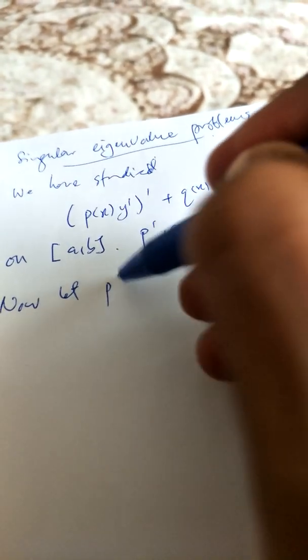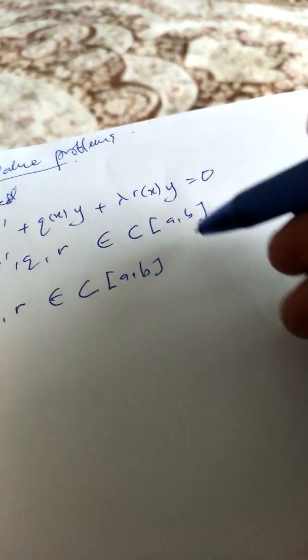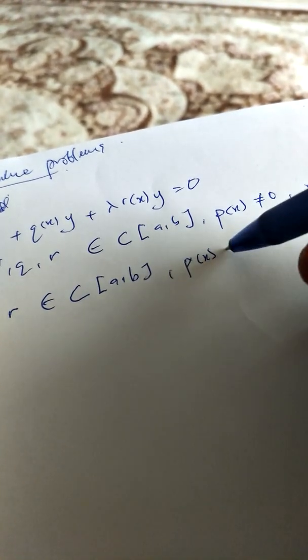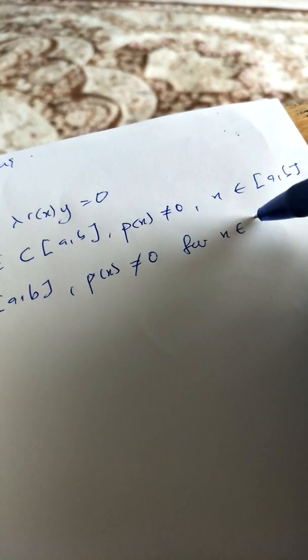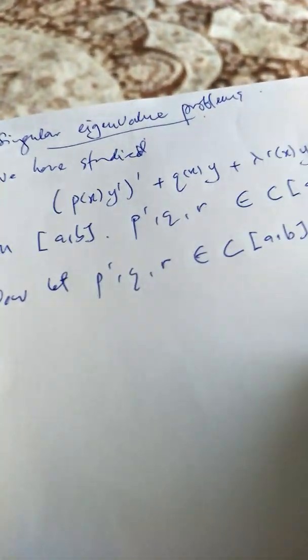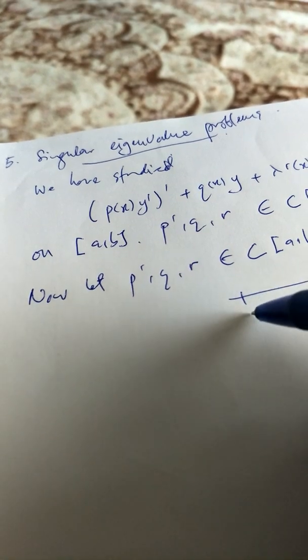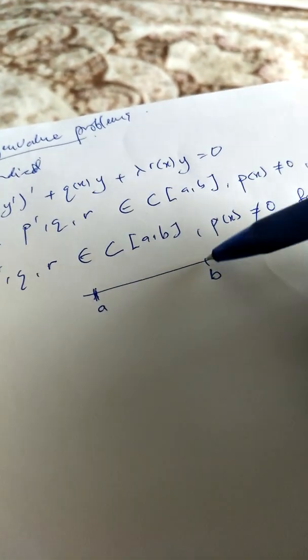Now, if you let P prime, Q and R be continuous on AB, and P(x) different than 0 for x in AB, but at the endpoints, let's say our interval here is A and B. So this is the endpoint, this is the endpoint.